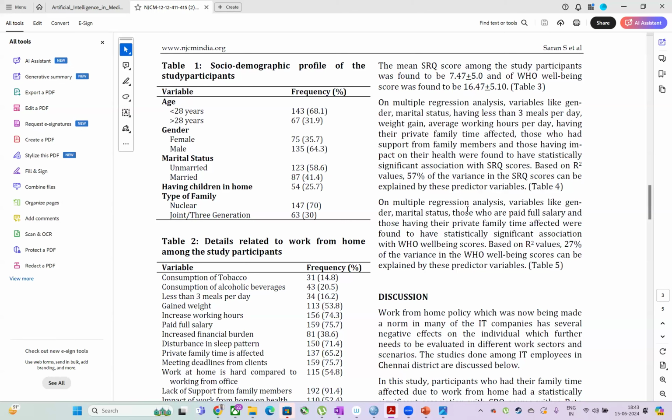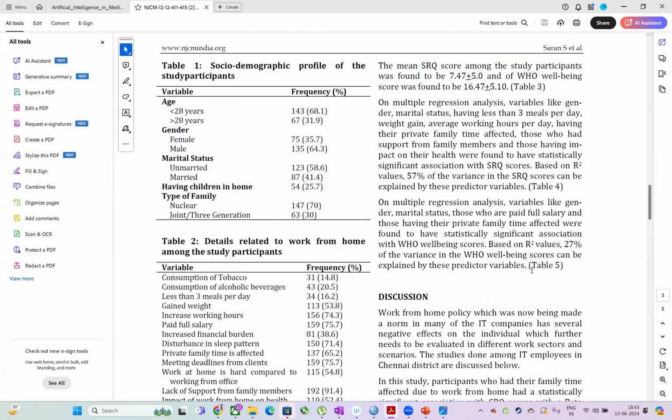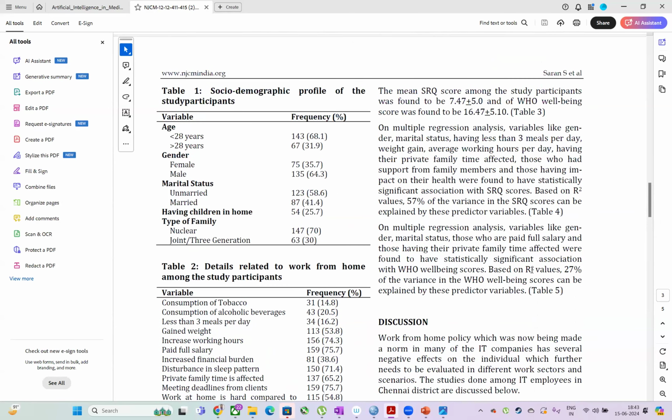Same for multiple regression for the WHO well-being scale: gender, marital status, all these things were found to have a significant association with well-being score. Based on R square value, 27% of the variance can be explained by these predictor variables. So this is how you do the linear regression and explain based on R square.